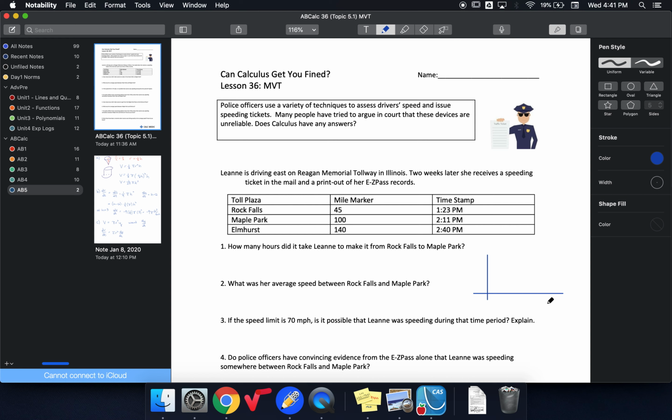So let me plug in my pen. Sorry. With my distance, all right, we've got distance and our time. So we could have time since leaving Rock Falls. So 0, and then 48.